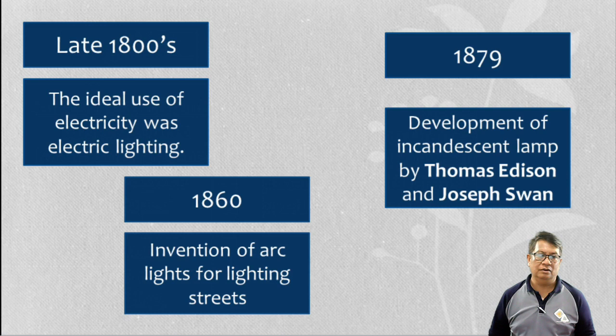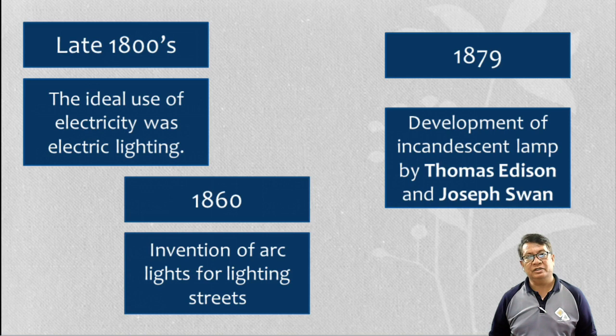Bali hindi lang po yung mga bahay o mga building yung in-applyan ng lighting system, but of course including yung mga street lightings or yung mga daan. In 1879, there was a development of the incandescent lamp by Thomas Edison and Joseph Swan.